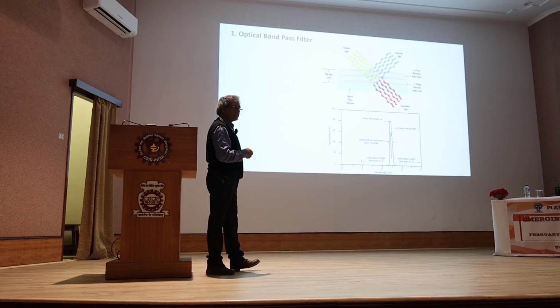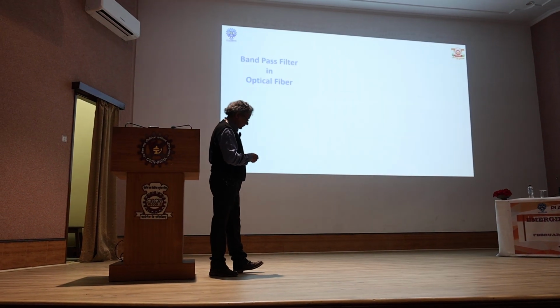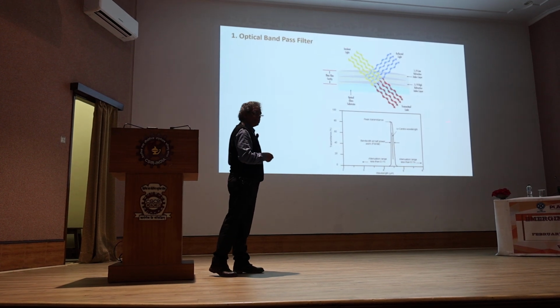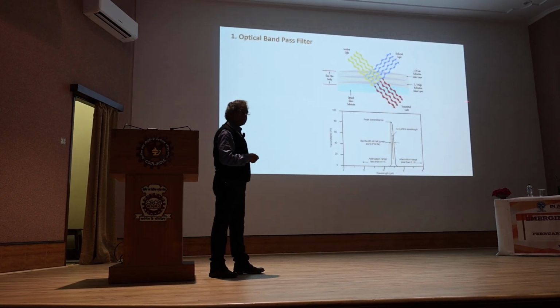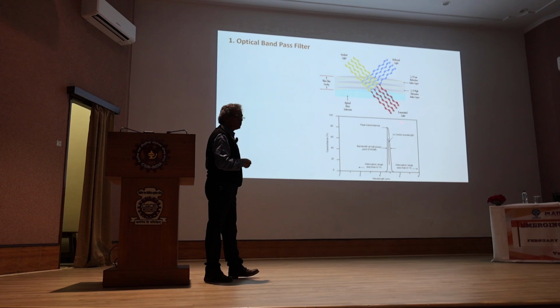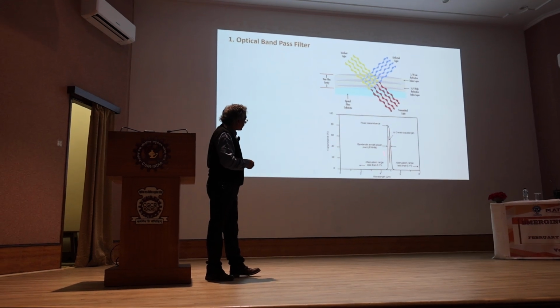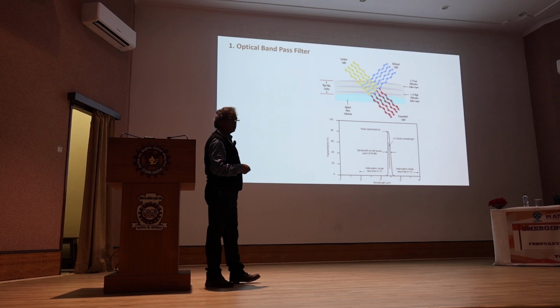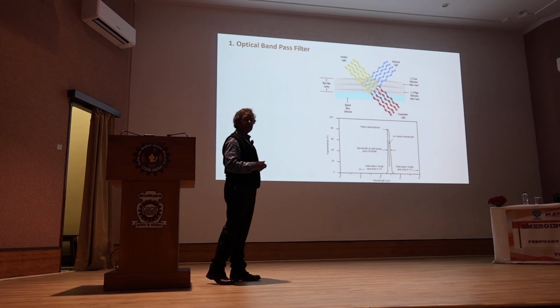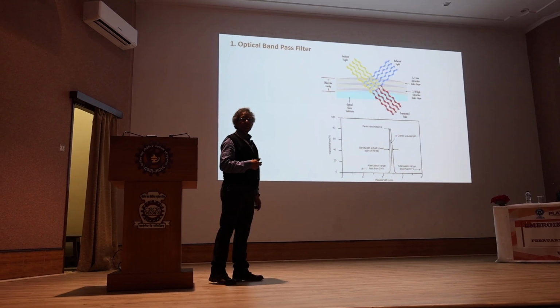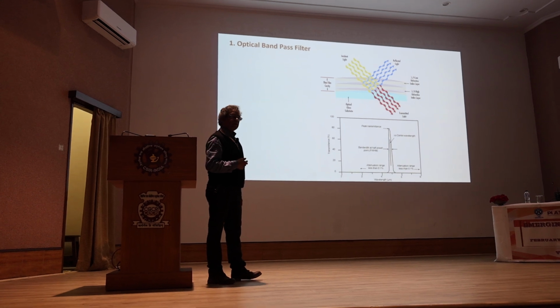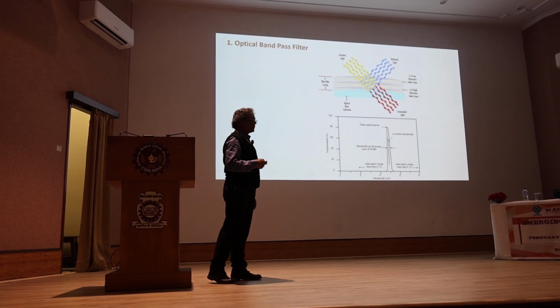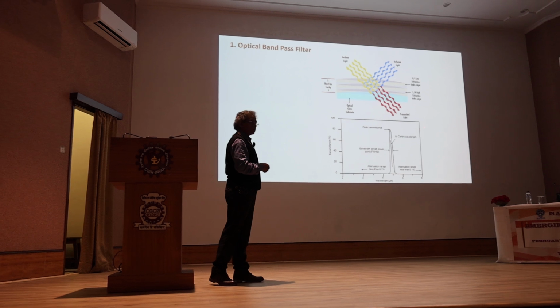So this is a very important device, starting from filtering spectrum, getting pure light signal with a very narrow bandwidth, and it forms the heart of almost all of the optical measurement devices, starting from your spectrum analyzer, then all different types of spectroscopy need this optical bandpass filter.